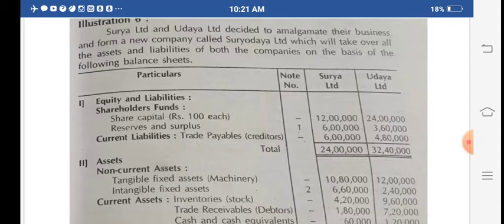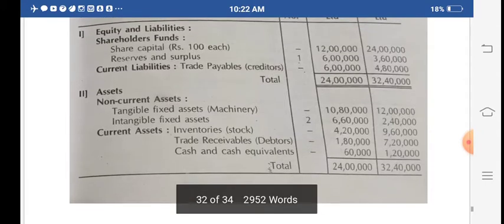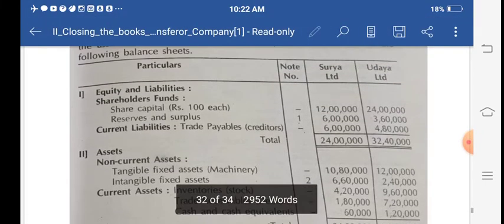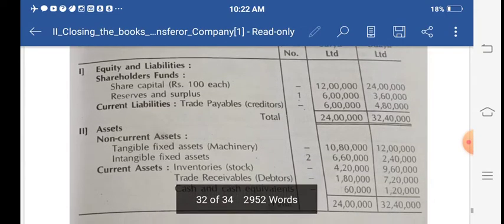Now see the balance sheet of Surya Limited and Uday Limited. Under equity and liabilities, the total is rupees 24 lakh for Surya Limited, and 32 lakh 40,000 for Uday Limited. And the assets total is 24 lakh for Surya Limited and 32 lakh 40,000 for Uday Limited.